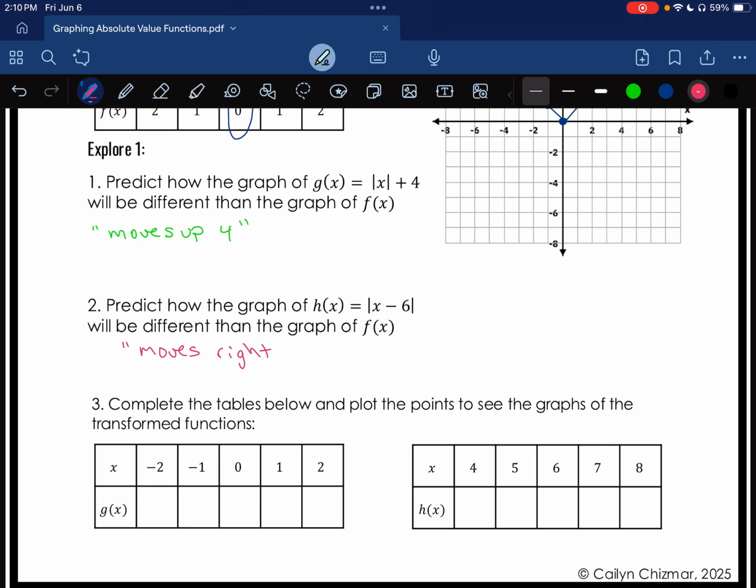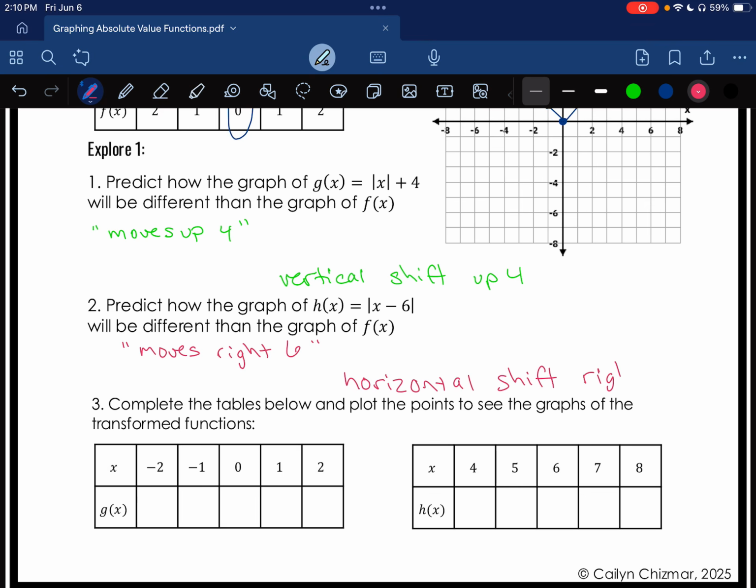The technical terms for those are that this was a vertical shift, up 4, and this is a horizontal shift, right 6.